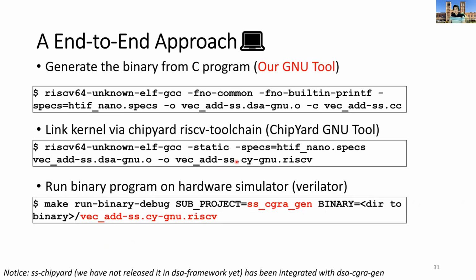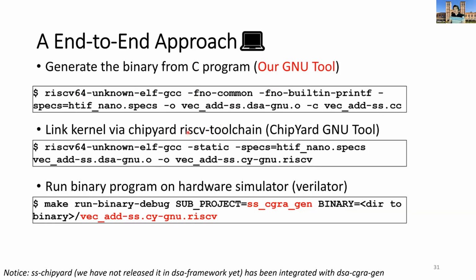In order to generate the binary and make it run on our accelerator, you need to use our GNU tool and use this riscv64-unknown-gcc to generate the binary. Because a bare-metal C program cannot be run on the Rocket core, you need to link the kernel with it.